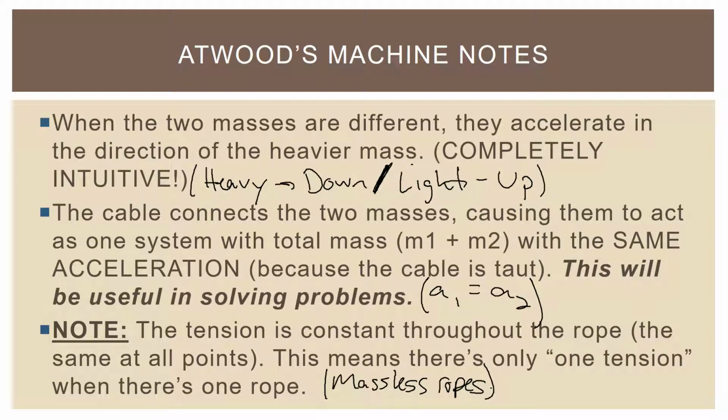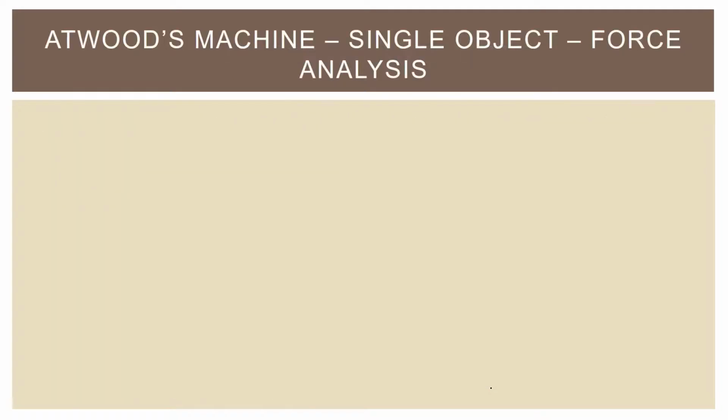Okay, so before we actually get into the problem, because these problems are a bit lengthy, we can at least say something about each individual object when they're connected to the rope. So we have in this problem two objects which are connected to a string. And it looks something like this.